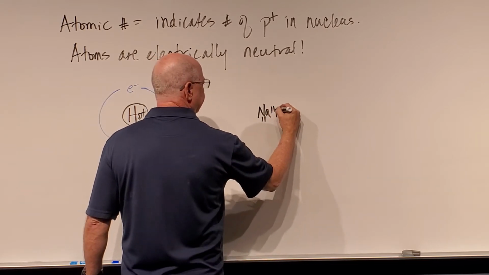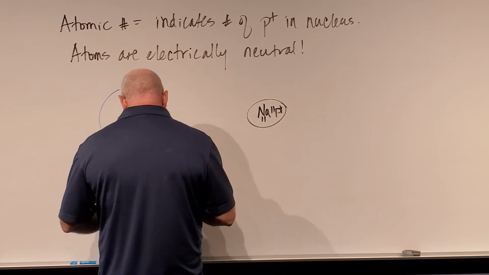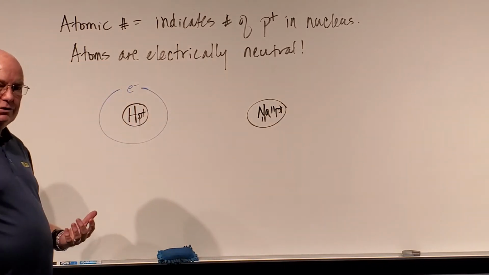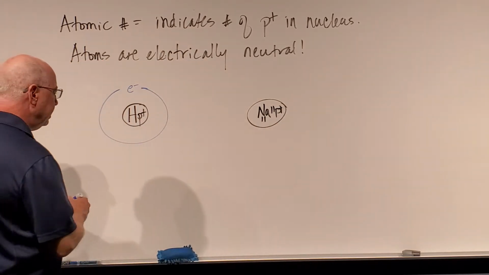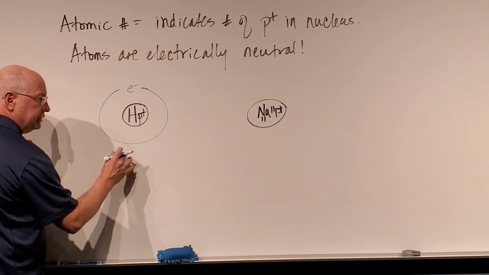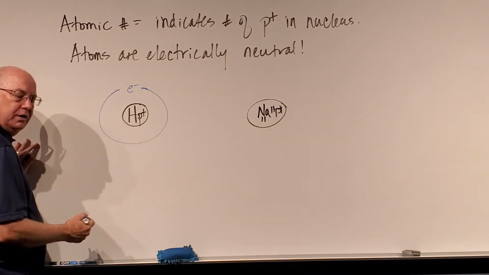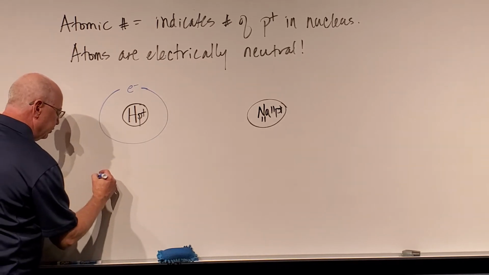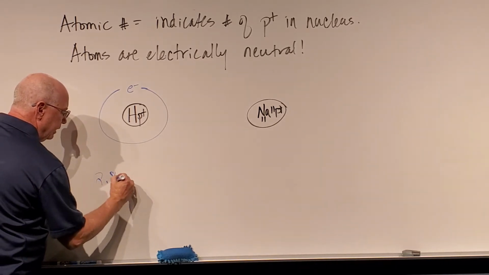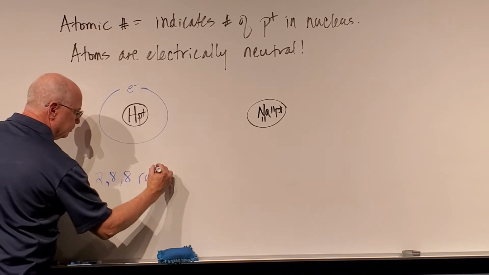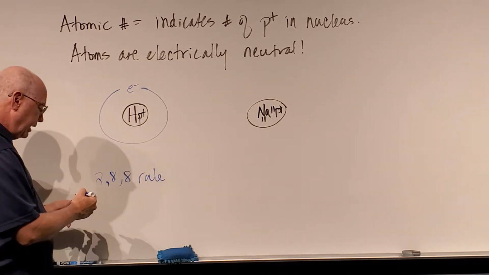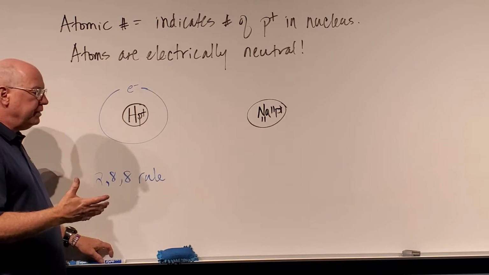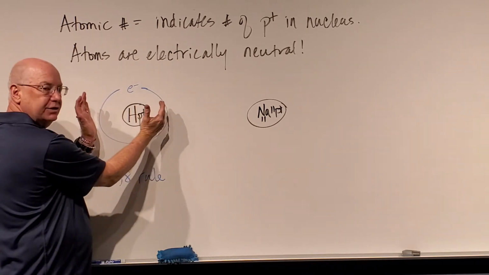That means it has 11 protons. That means it has to have 11 electrons. Now there's a thing in at least the chemistry of some of the lower atoms, the ones that have small atomic numbers, like the first 16 to 20 or so, that we call the 2-8-8 rule. And the 2-8-8 rule basically tells us how many electrons can fit in this electron cloud.